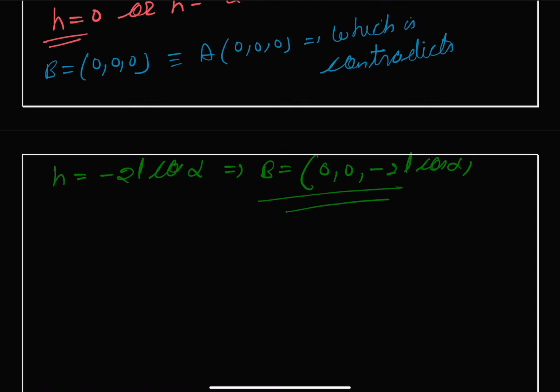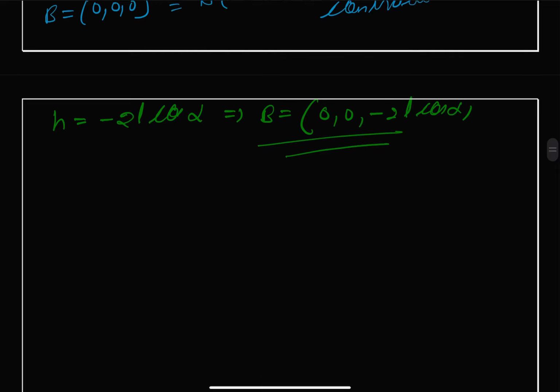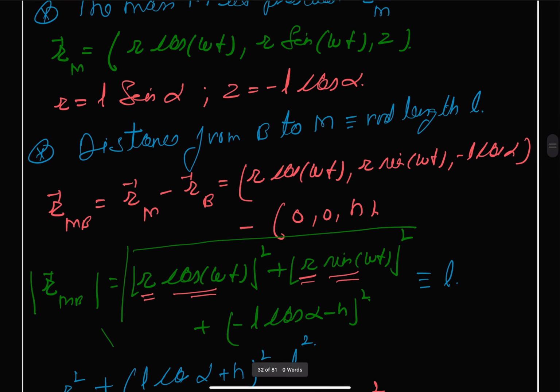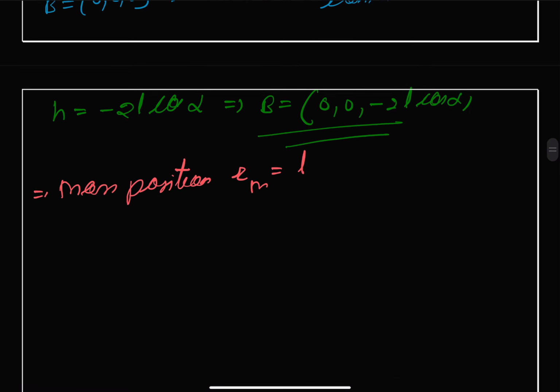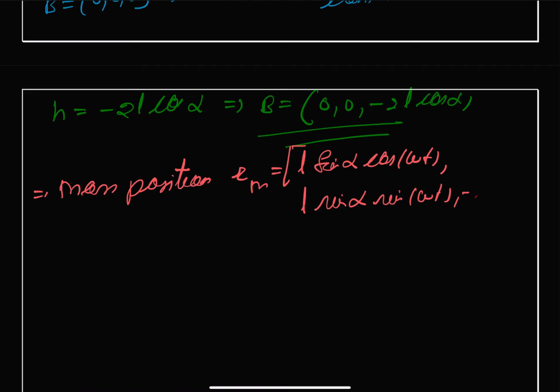These are the coordinates of our B, and we already know our mass position, that is our Rm, which is L sine of alpha cos of omega t, comma, L sine of alpha sine of omega t, and this is minus L cos of alpha.